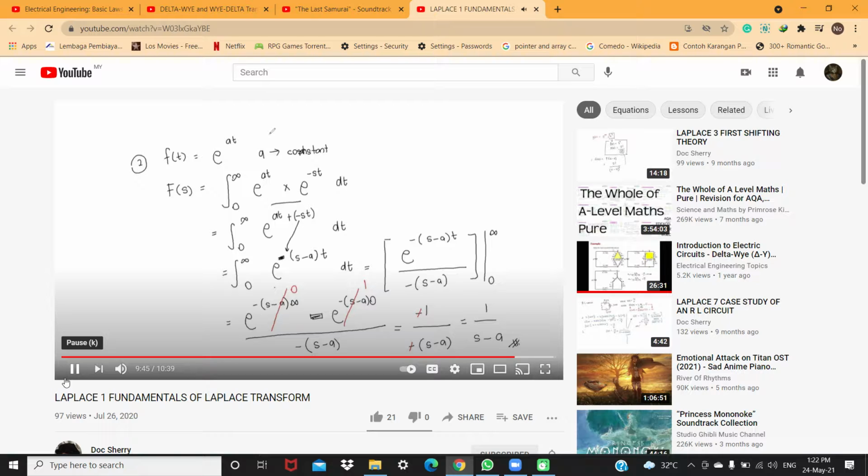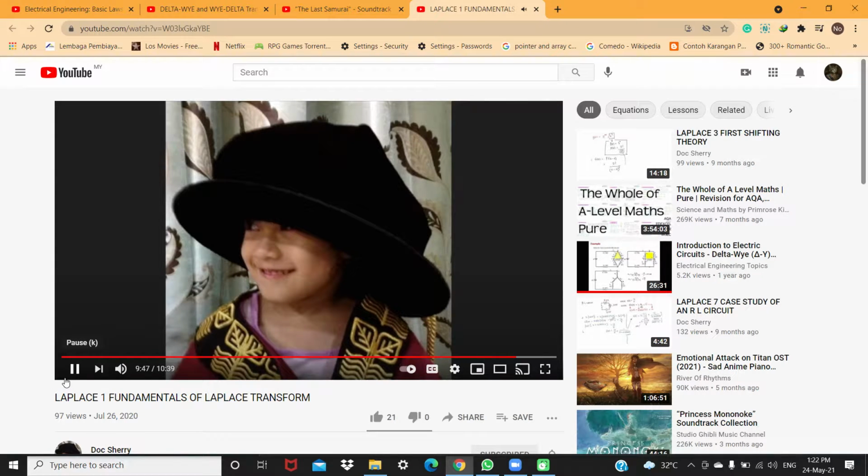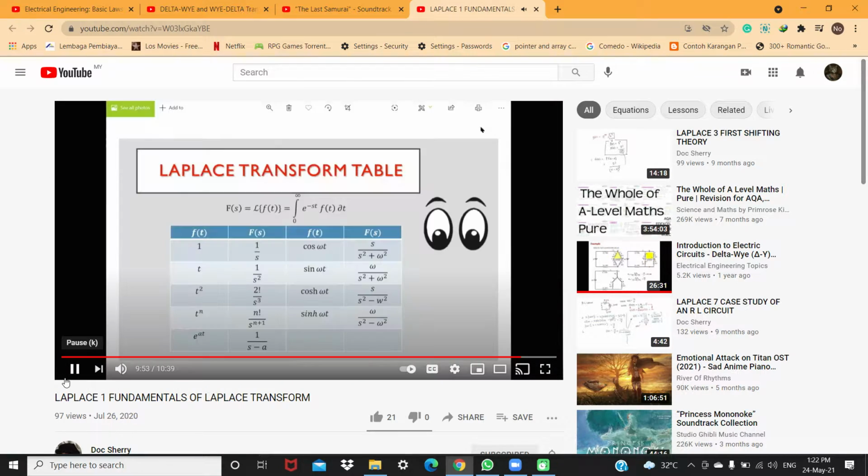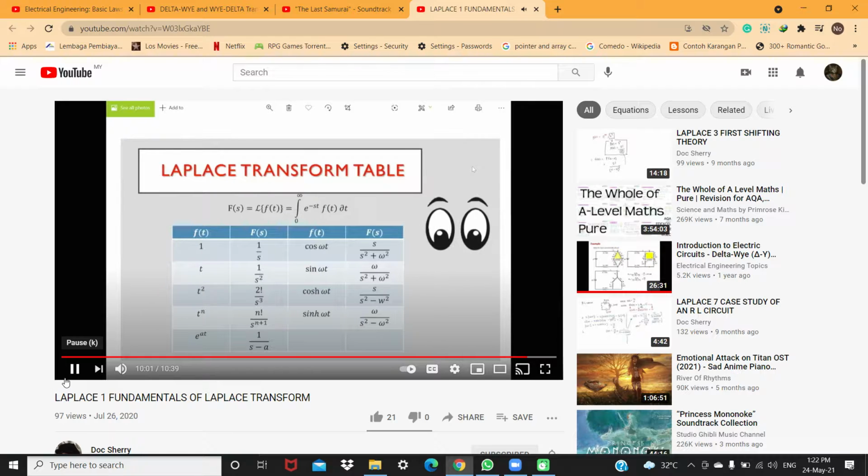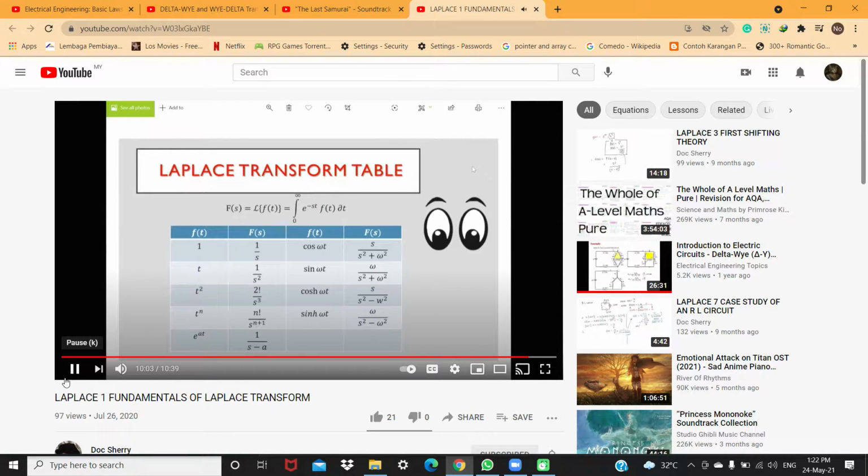Now, the two examples which I have shown you basically correspond to the Laplace transform here. The first one is this part, which is given an input 1, your Laplace result will be 1 over s.